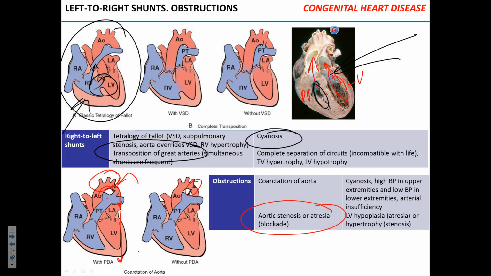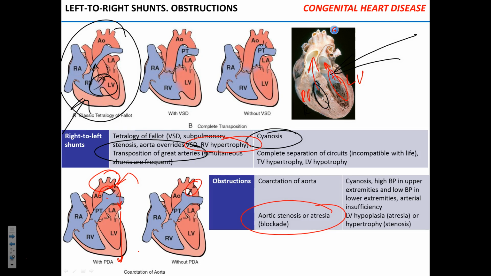Because oxygenated and deoxygenated blood are mixed. That makes sense. Understand what happens in the tetralogy of Fallot. So you have stenosis of the pulmonary trunk, you have septal defect, and you have hypertrophy of the right ventricle because of the pulmonary trunk stenosis. Okay.